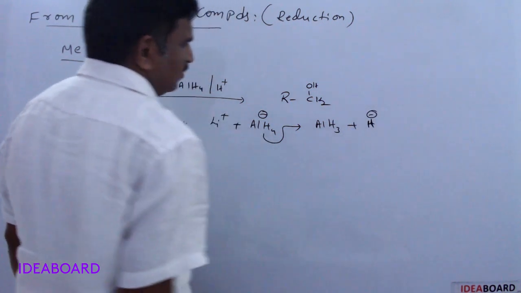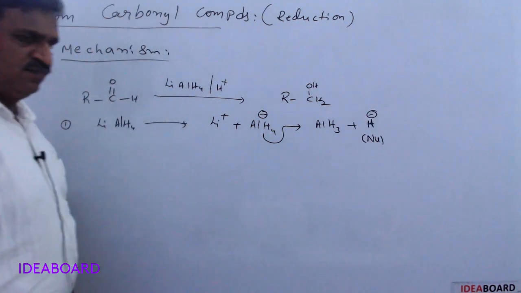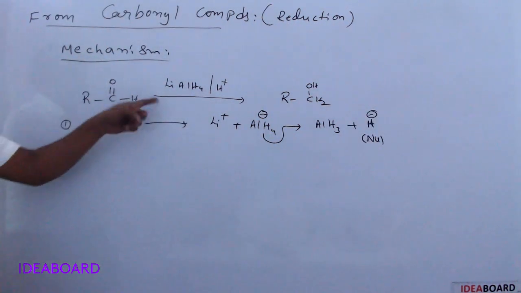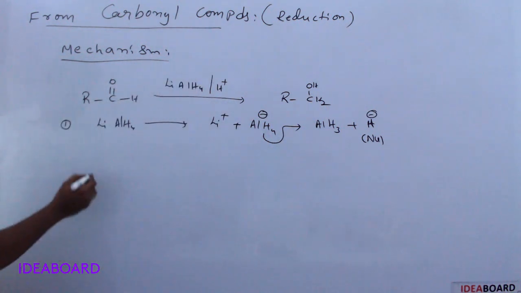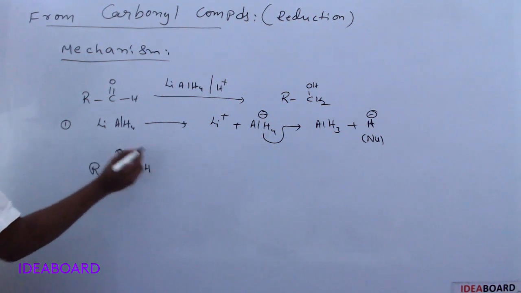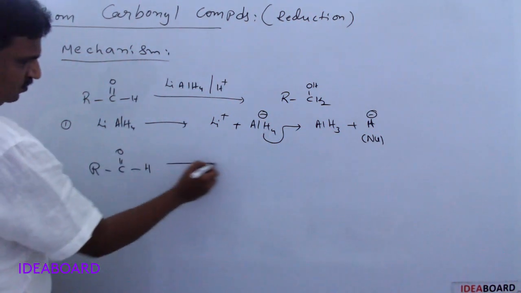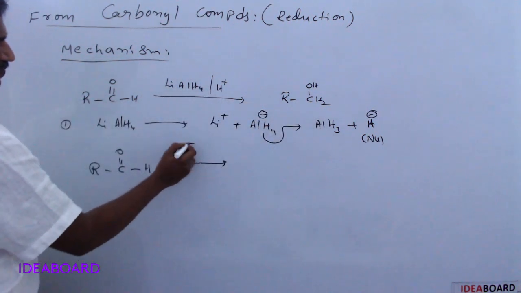So hydride ion is formed. This acts as a nucleophile. So from the lithium aluminum hydride reducing agent, hydride ion is formed, and that hydride ion reacts with the aldehyde or ketone first.